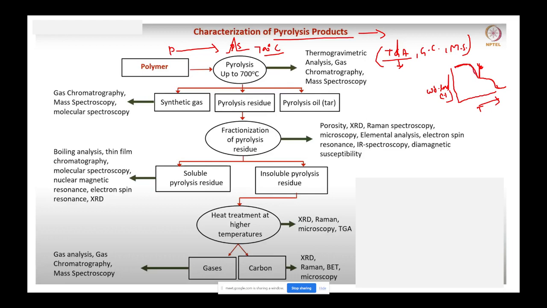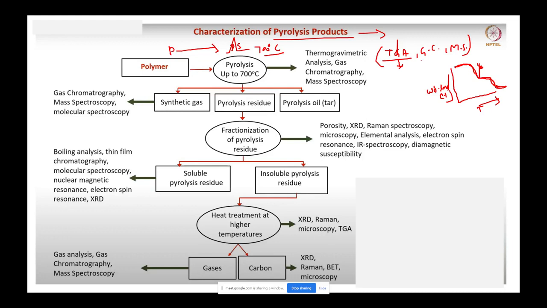Then, if it has something more, it can degrade, and at very high temperature it will degrade completely. So it gives the thermal behavior: when you expose your material to high temperature, up to what temperature it can sustain, and at what temperature it starts to degrade.